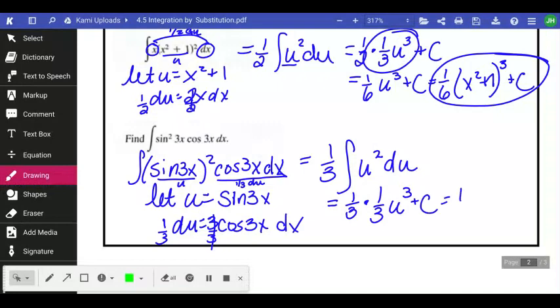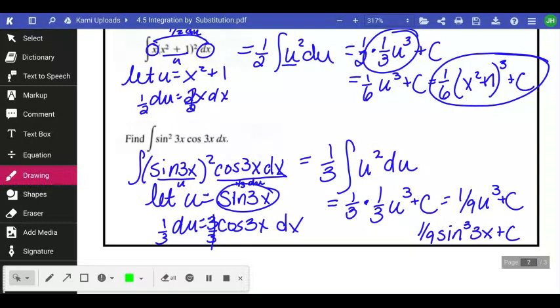So I have 1/9 u cubed plus c, but in place of u, I have to plug in my sine 3x. So you can write it like that, or if you would rather put the sine 3x in parentheses and cube that, just make sure you're not cubing the 1/9 as well.